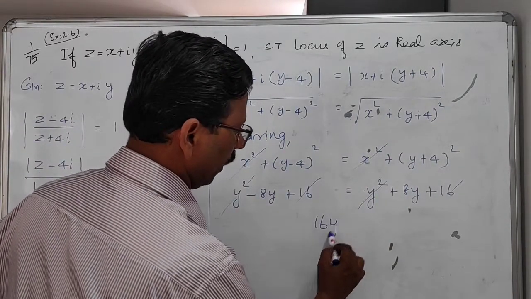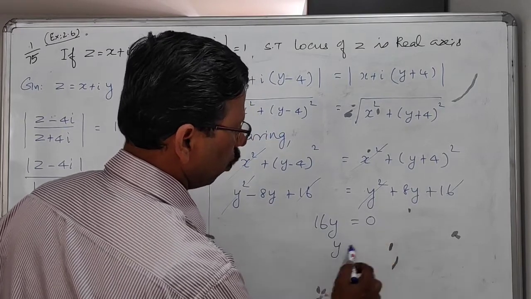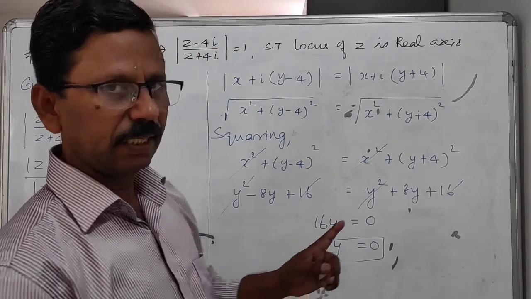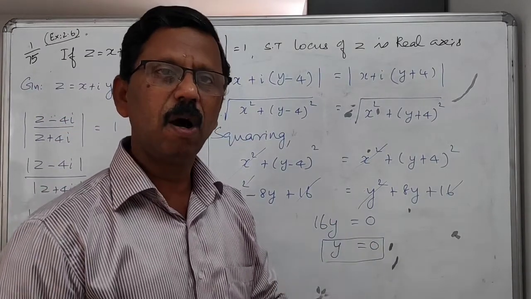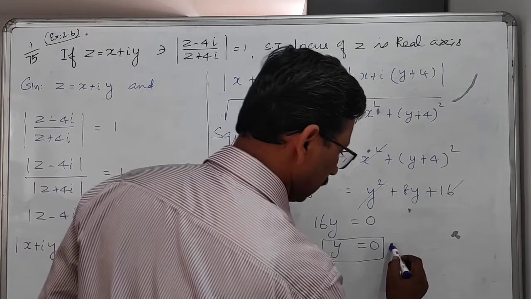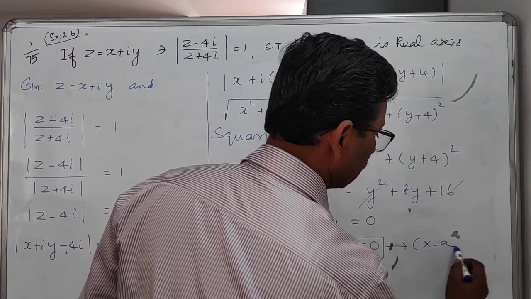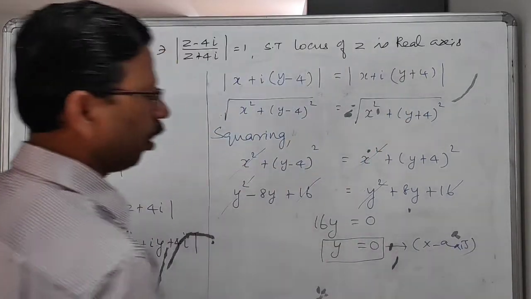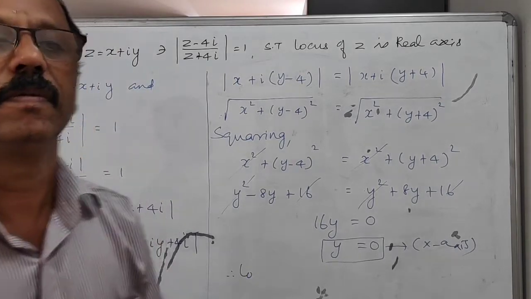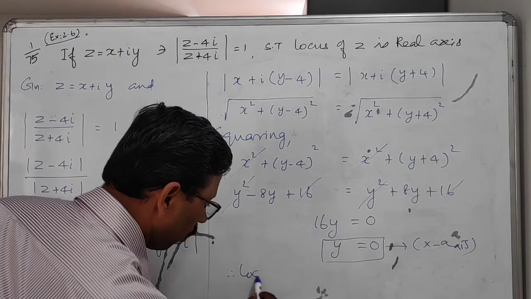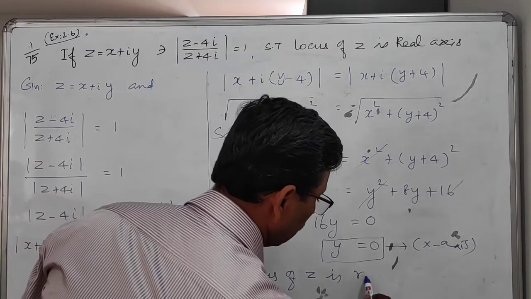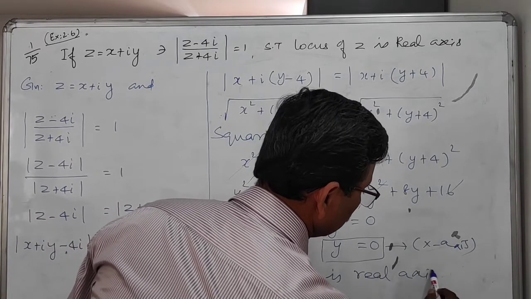That is 16y equal to 0, which means y is equal to 0. Y equal to 0 is nothing but the equation of the x-axis. Therefore, its locus is the x-axis, the real axis. Therefore, the locus of z is the real axis.